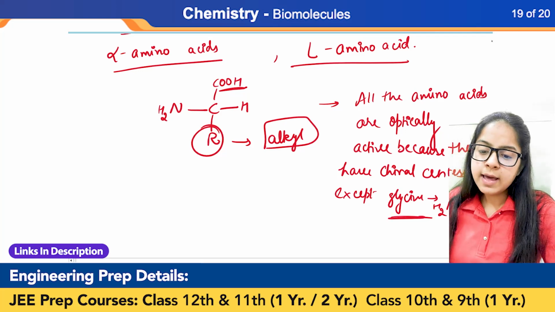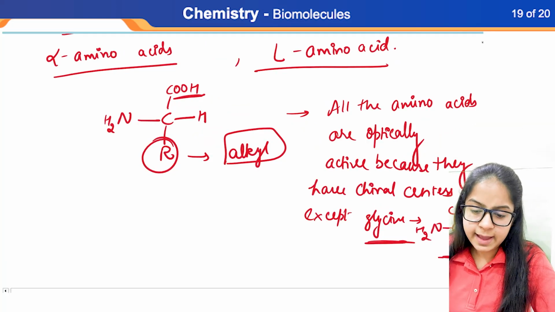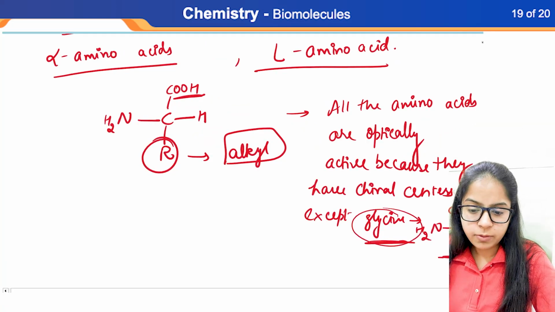So there is no chiral center, so it is not optically active. Glycine is not optically active.